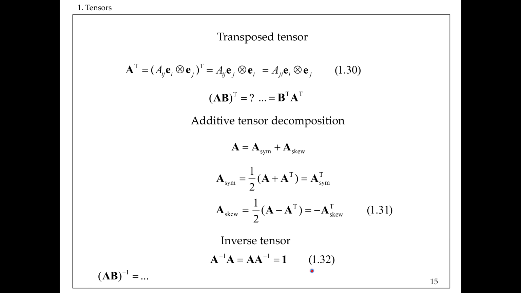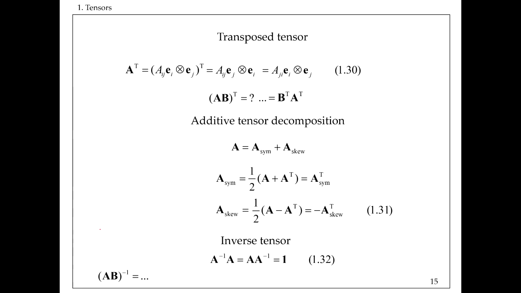To get to the right answer, we need to use this property. You need to take that inverse of AB and make sure that when you multiply it with the tensor AB, the result is the identity tensor. Let me help you a little bit.